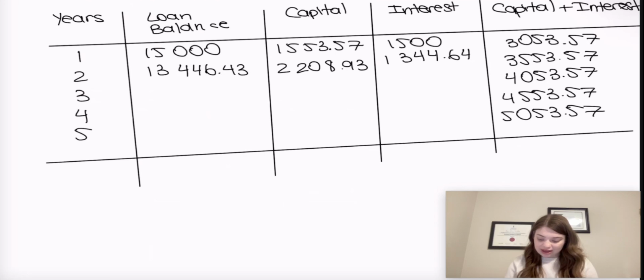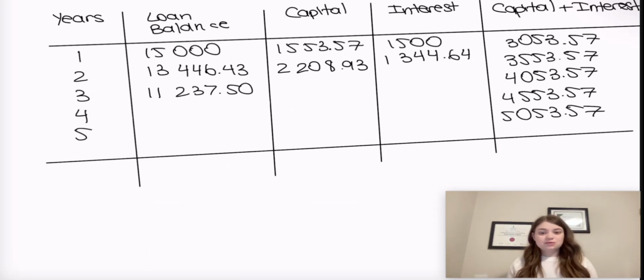So we're going to subtract that from the overall loan balance at this point, which is $13,446.43. So if I do that, I get that we only owe for the third year $11,237.50.